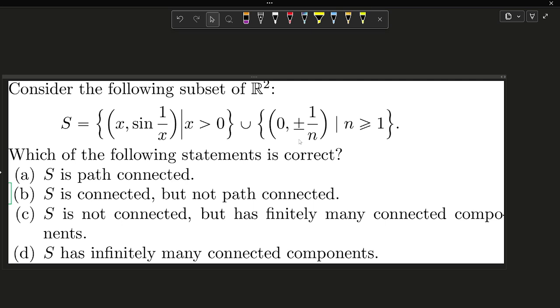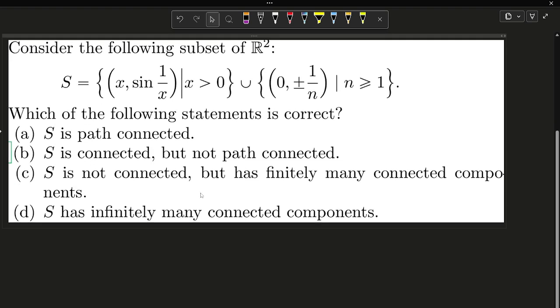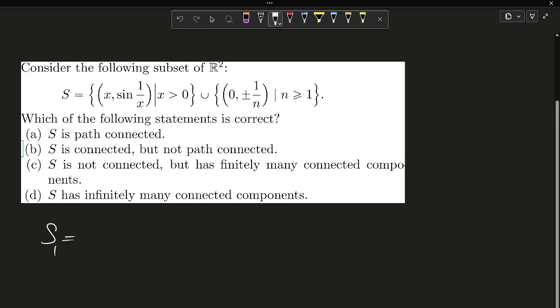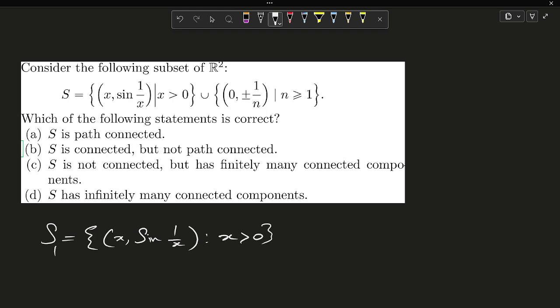So firstly, the definition of S is telling us that the first component of S, I am going to write it S1, is (x, sine 1 by x), where x is positive.